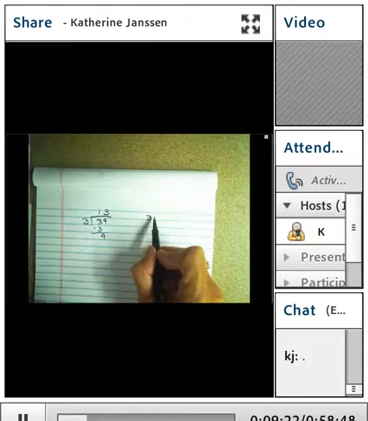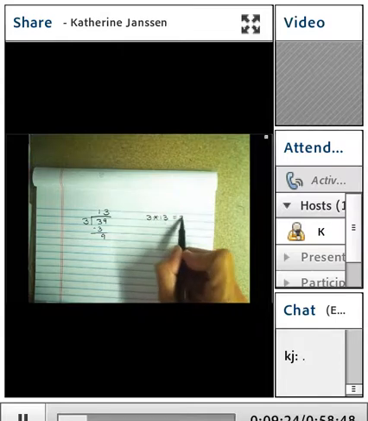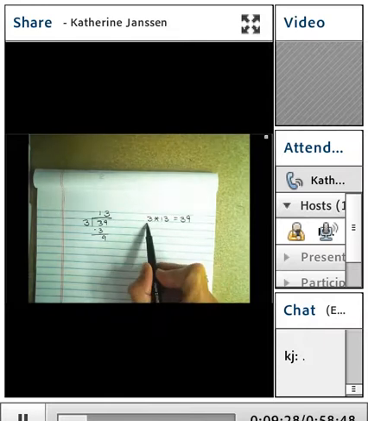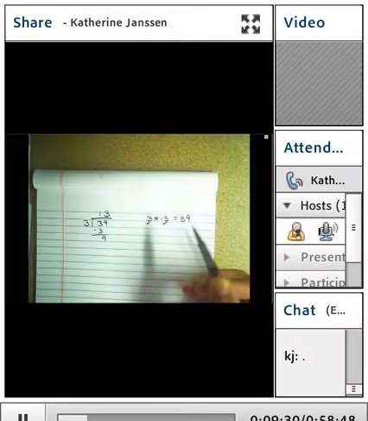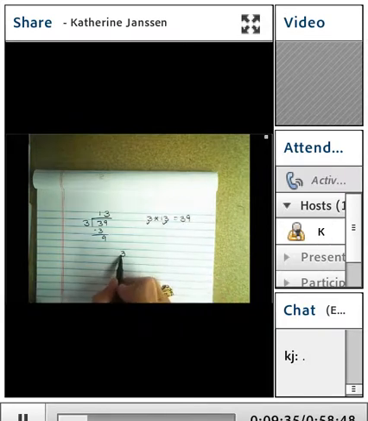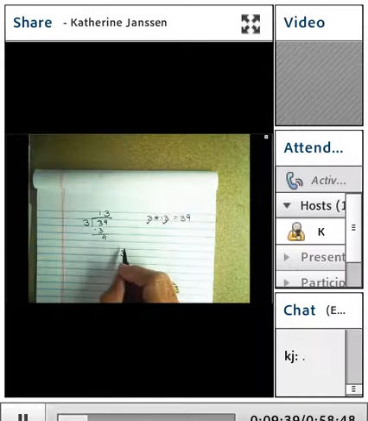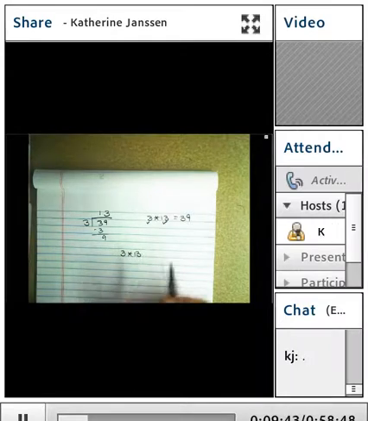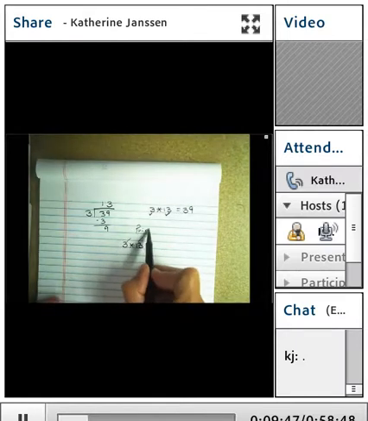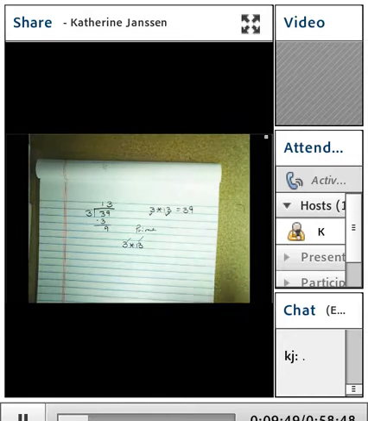So 3 times 13 is 39. 3 is prime and 13 is prime. So the prime factorization of 39 is 3 times 13. All factors must be prime for the prime factorization.